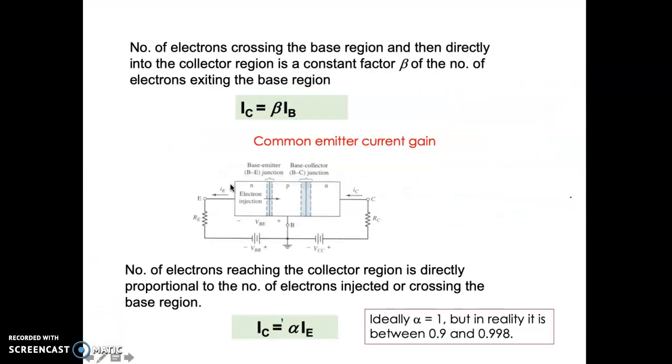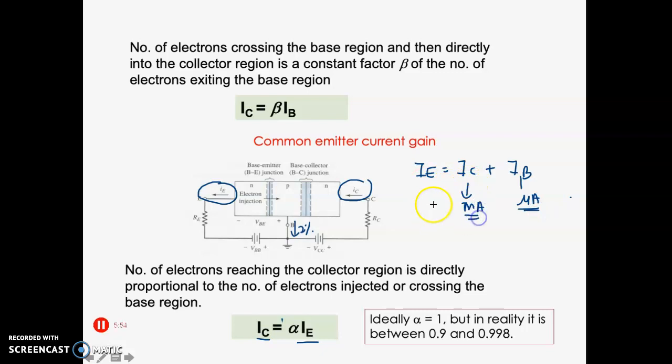Now for the fourth equation, we're going to relate IC and IE. Where is your IC? IC is at your collector part. Your IE is at your emitter part. You know from the second equation that the current entering equals the current leaving. From the previous equation, since only 2% goes down, your IB will be around microampere. Your IC will be much larger than your IB, that is milliampere.